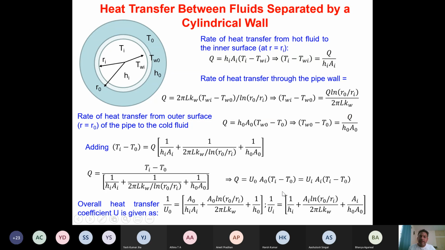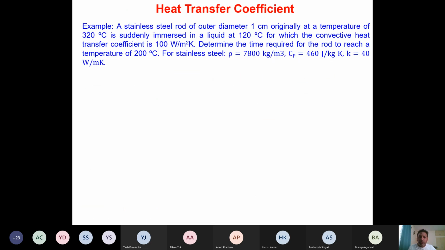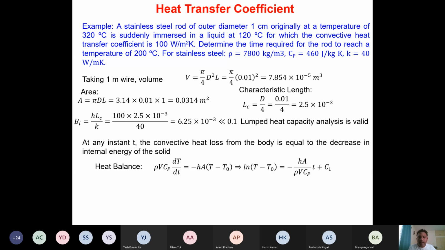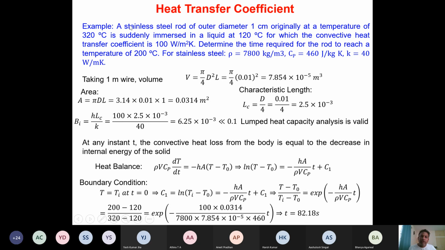Other than that, one more thing I wanted to clarify is that whenever we are looking at the Biot number, as we have done in this problem, we find out the Biot number in order to understand whether there is internal resistance present inside the solid or not, whether we should neglect that internal resistance or not.